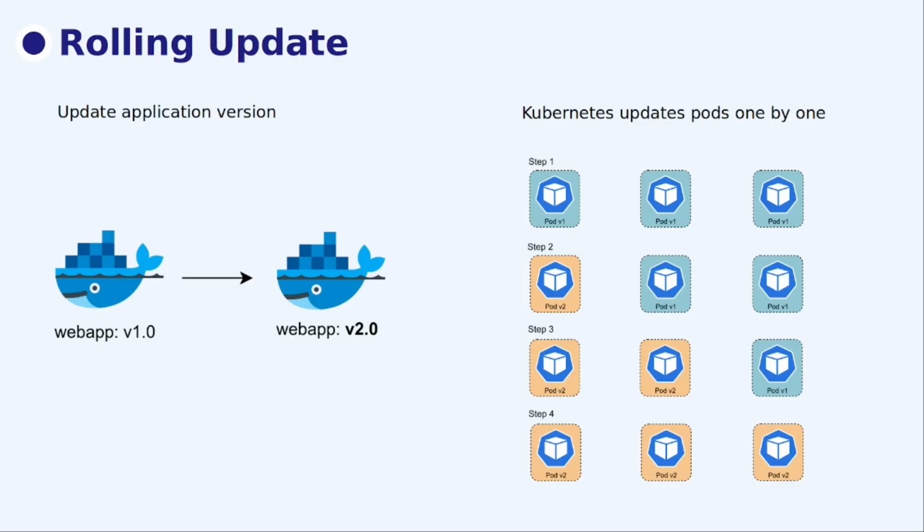The biggest benefit of this approach is zero downtime. Users can continue using the application normally while the new version is being deployed. In summary, rolling update allows us to deploy new versions safely and smoothly without interrupting the service.